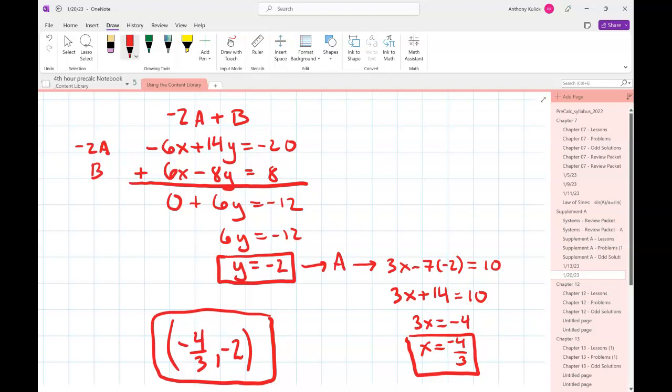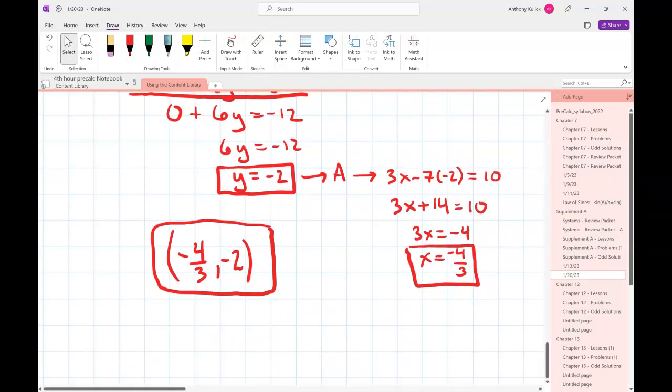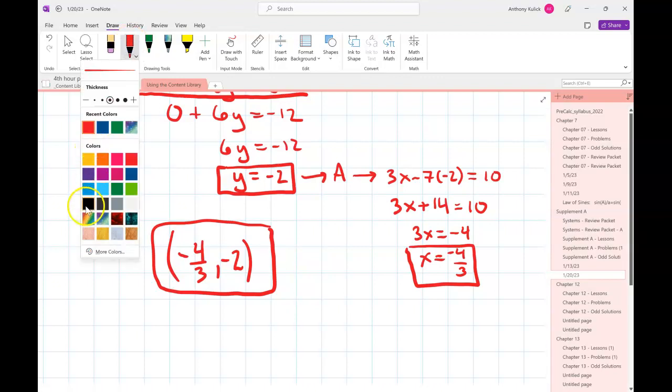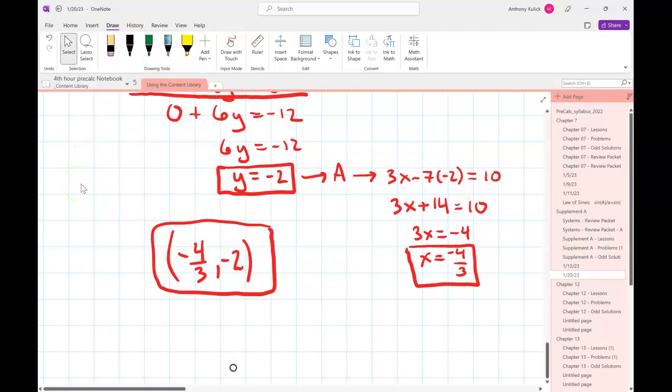All right, so we should feel pretty good about what it looks like when we get one solution. But there were two other outcomes that I can have for a two-variable system. What else can happen? What are the other two outcomes I can have other than one solution?